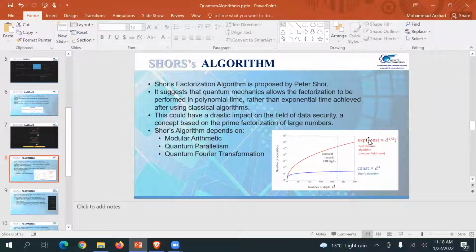So we can see that the whole encryption logic relies on how fast we can find the prime factors of a number, unless we have a private key.